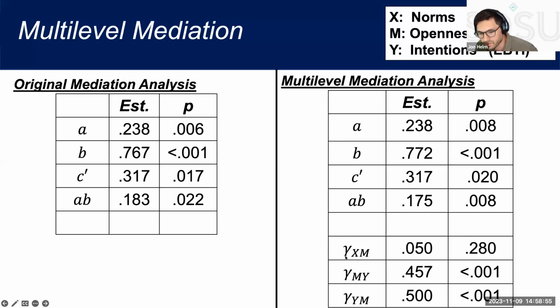So the only reason that those are associated with one another, X and M, which would have been this B effect here, is because it's happening at the clinic level, right? So there's a clinic level association between norms and openness, but that's no longer occurring at the individual level once those means are accounted for. But I am still getting associations between M and Y at the individual level above and beyond what I'm getting at the clinic level.